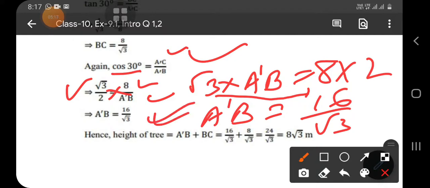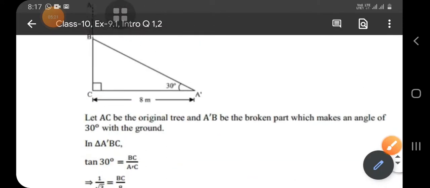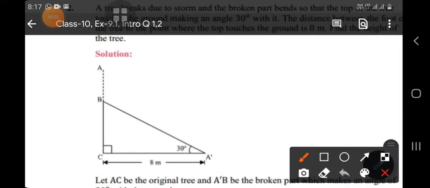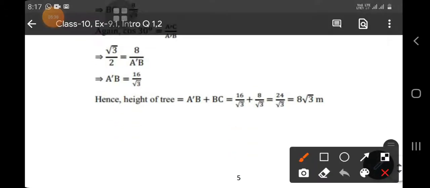Now we have to find the total length of the tree. As the picture makes clear, the total length of the tree is BC and AB. AB has now become BA dash, this portion is broken and came here. So we add these to find the total length of the tree: A dash B plus BC. The value of A dash B is 16 by root 3 and BC is equal to 8 by root 3.